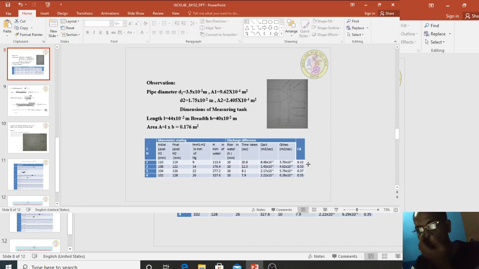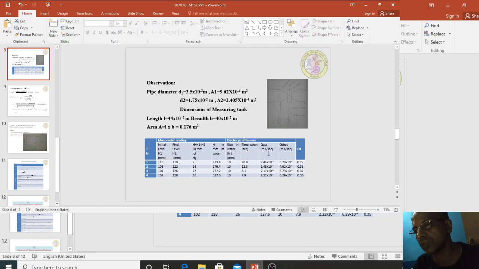So calculate Q actual, Q theoretical. Third trial, 75% valve was open. For a 10 mm rise in this tank, it took 8.1 seconds. Fourth trial, if the valve is 100% open, the flow will be very fast. Therefore, the rise in the water to reach 10 mm takes just 7.9 seconds.